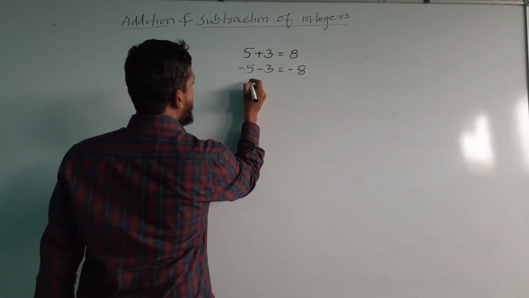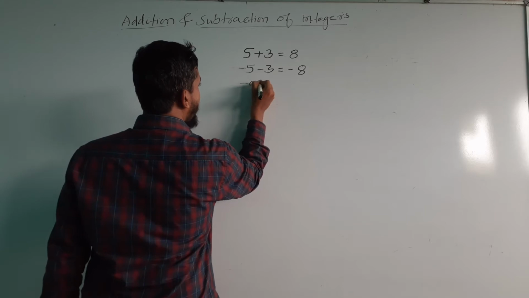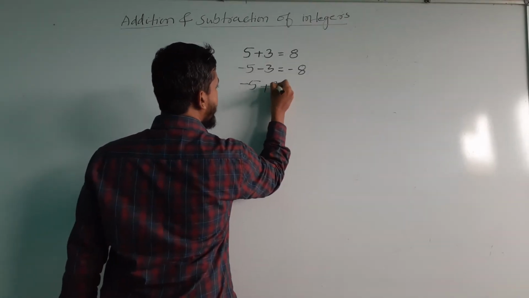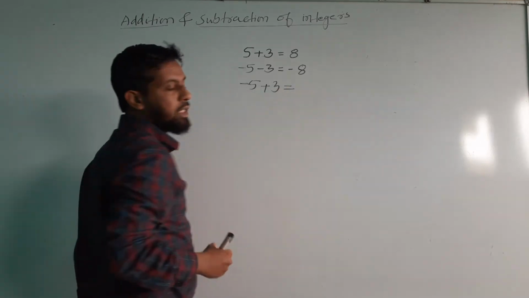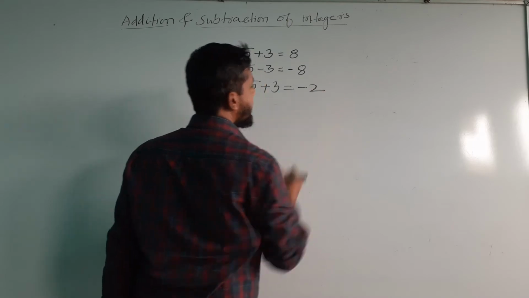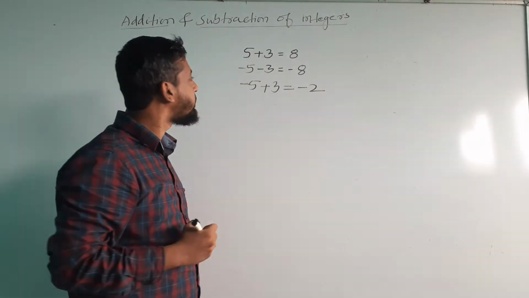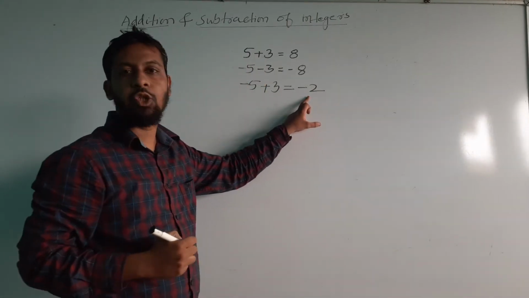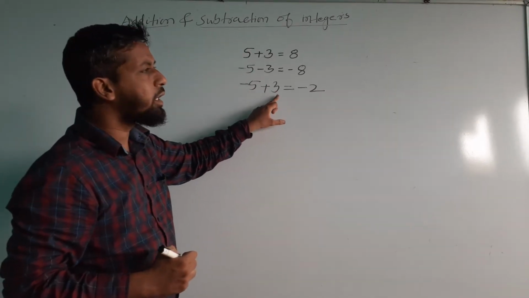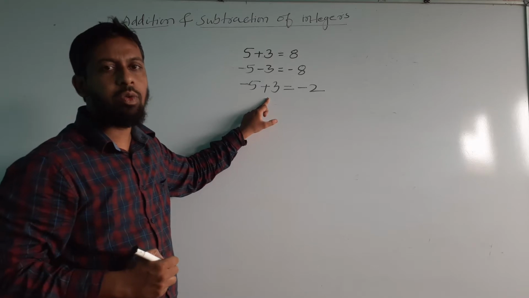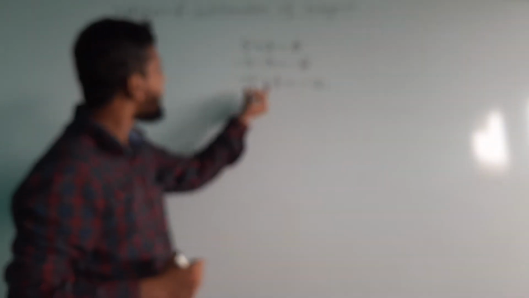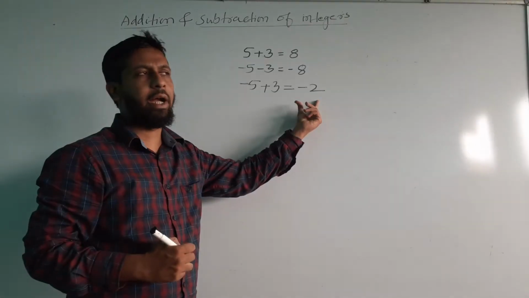Suppose -5 plus 3. The result will be -2. Why result is -2? First of all, this is important. If signs are different, we subtract. Same sign we add, different sign we subtract.